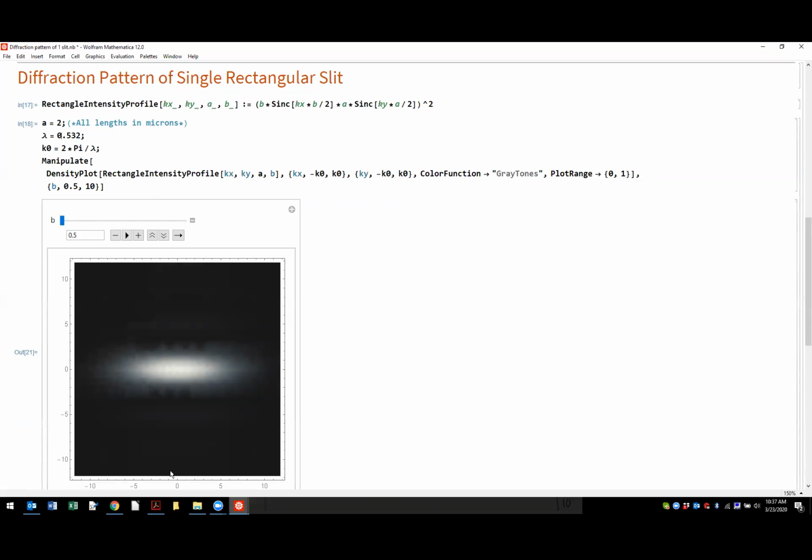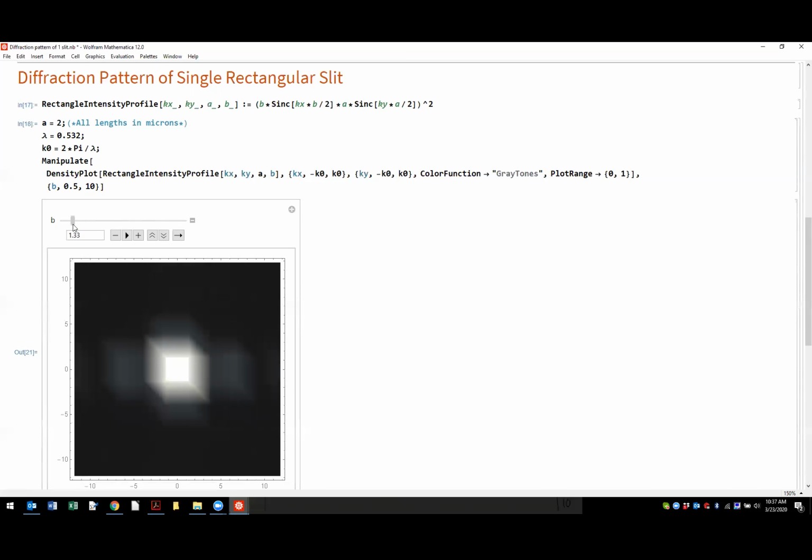And when the aperture is oriented vertically, the diffraction pattern is oriented horizontally. And conversely, when I change it around like this, so that now the horizontal width of the slit is huge compared to the vertical width, now I've got something that's oriented horizontally, and the diffraction pattern is definitely more vertical.